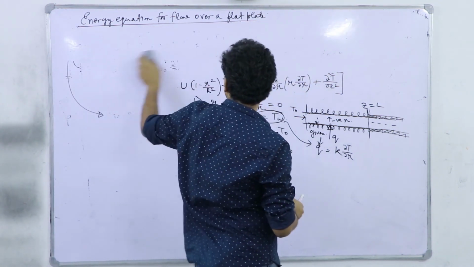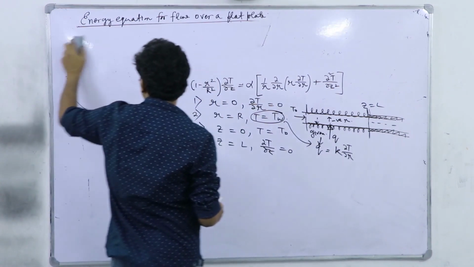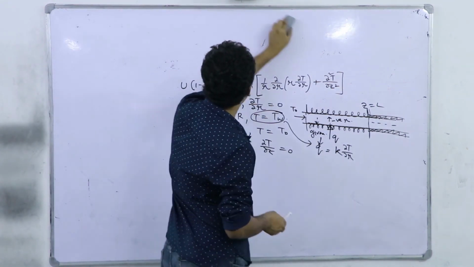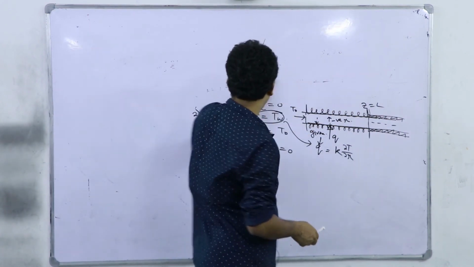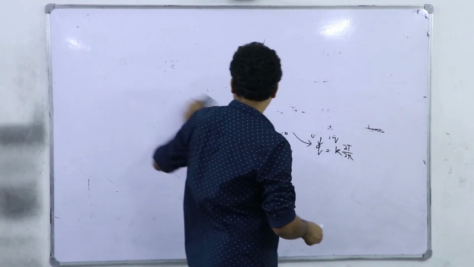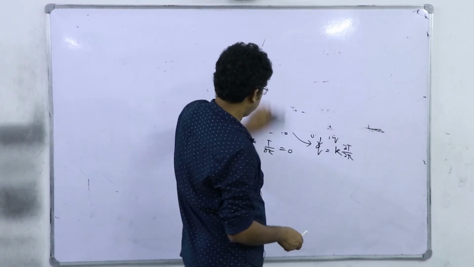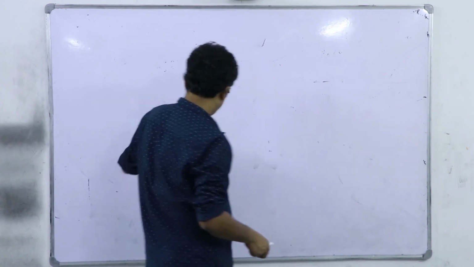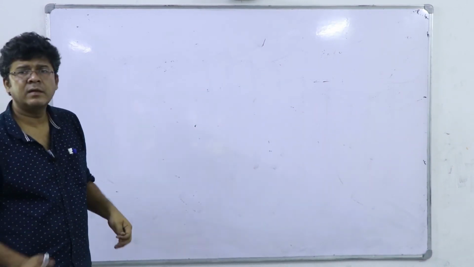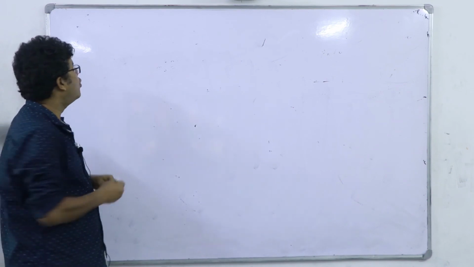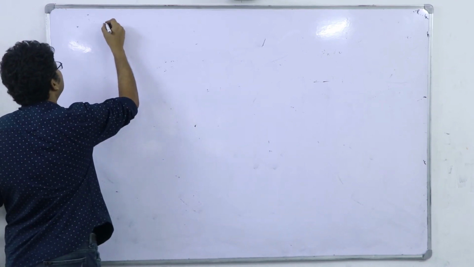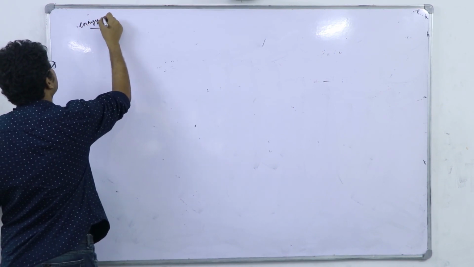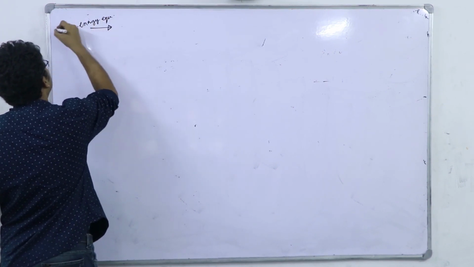So you see that again, if we go back to boundary layer, we have the energy equation. So what are the conditions?